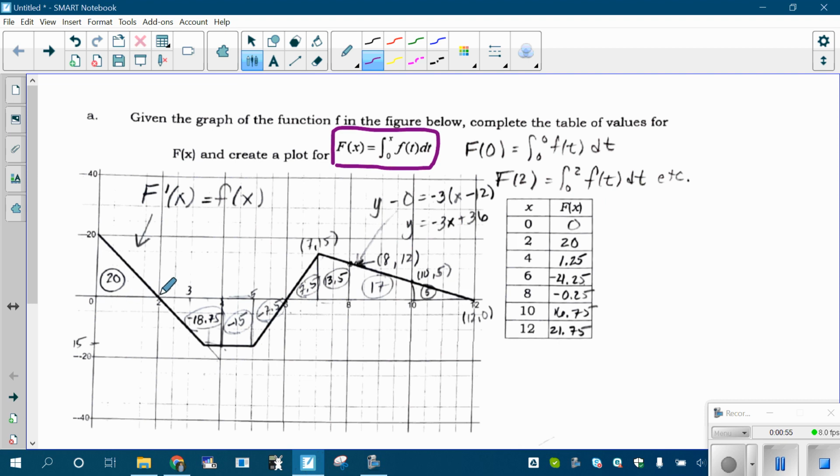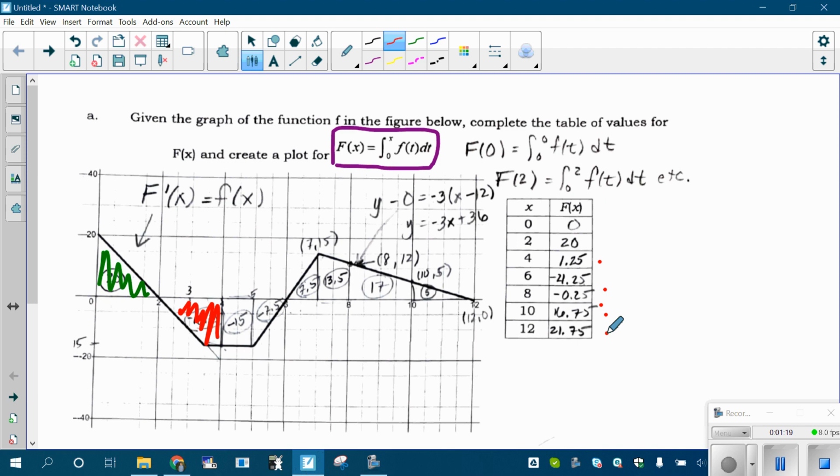From 0 to 2, we've accumulated positive 20 area. From 0 to 4, we have our positive 20, but we have our negative 18.75, so our accumulation of area is 1.25. Okay? And you go ahead and fill in the rest of this out like this.